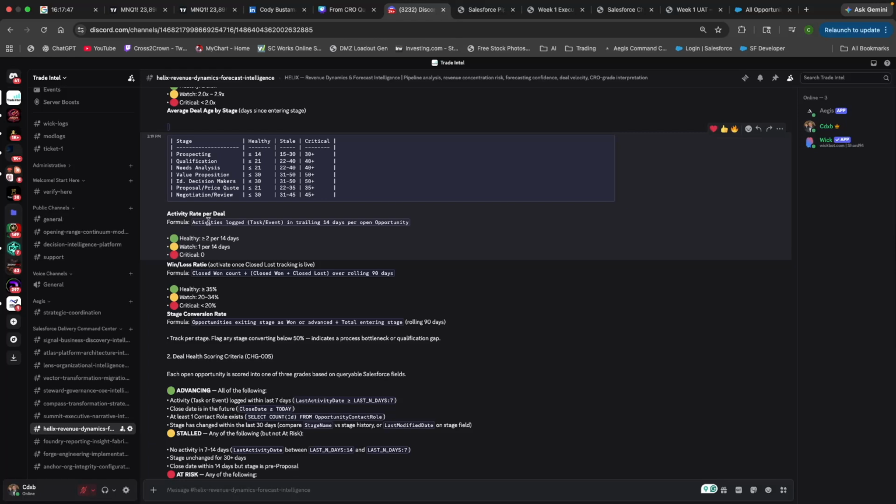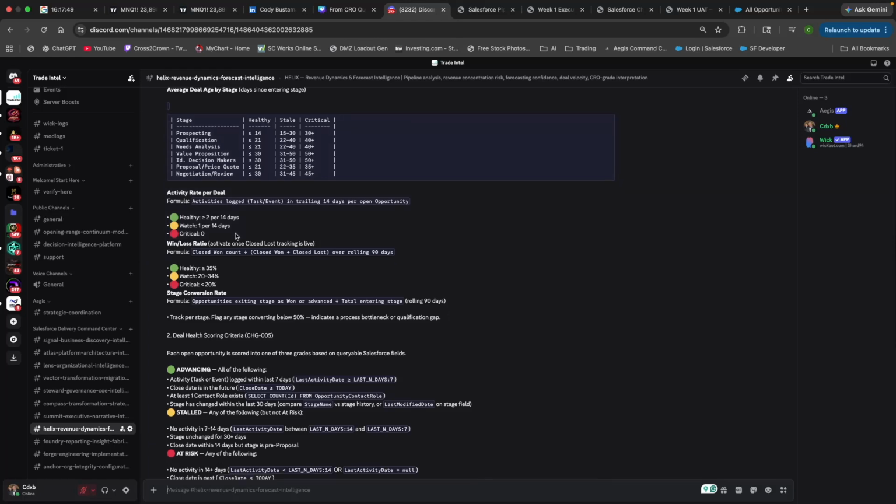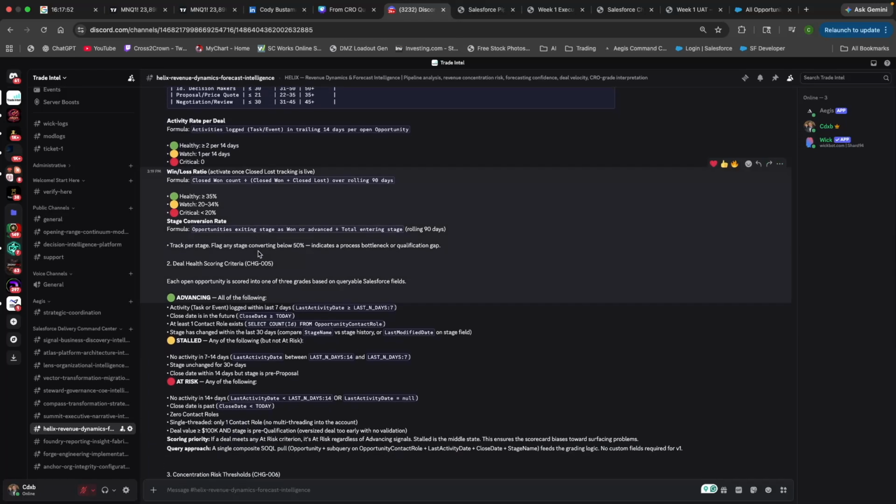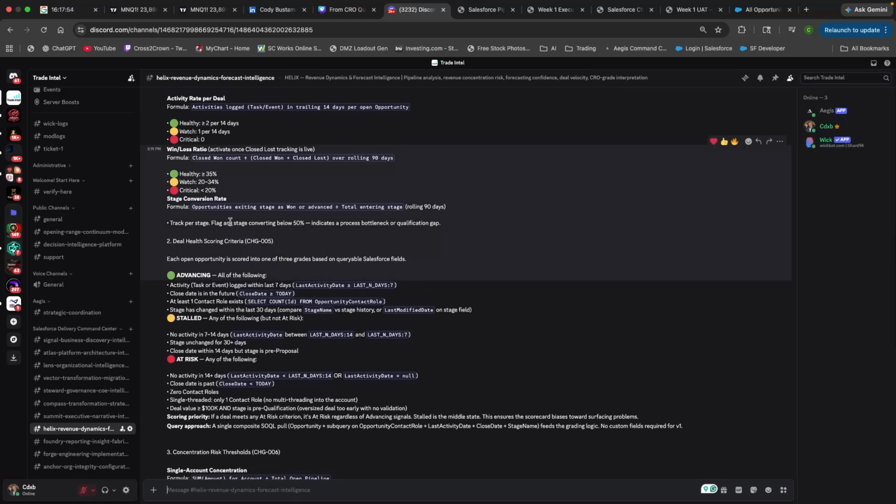It looks like they're using activities as part of the weight, and stage conversion, and win-loss ratio. I had to take a look at this one a little more. Track per stage, flag any stage converting below 50%. I see. So if it's at an early stage, that weight is going to contribute, and if it's at a very late stage, obviously it's probably going to be healthy.